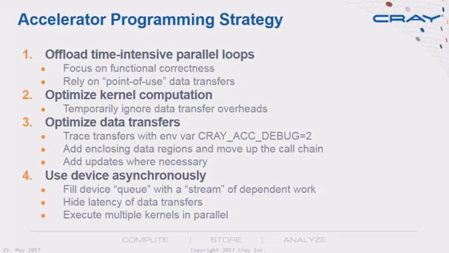Where is the most time spent within your code? Which are the most compute-intensive parts of your code? We usually get that by profiling. Then these parts should be offloaded to the GPU in a simple kernel, just writing a simple kernel as we did in the first example.